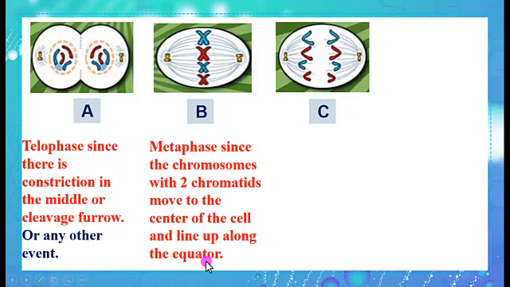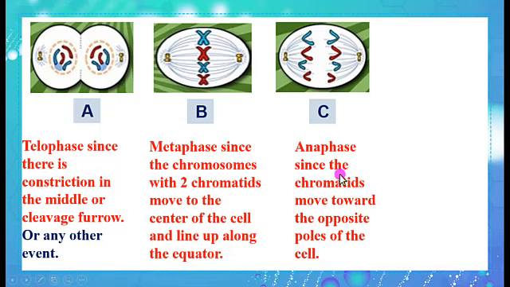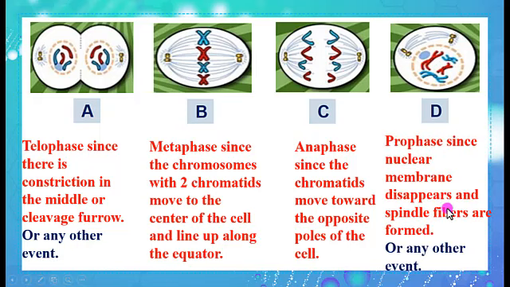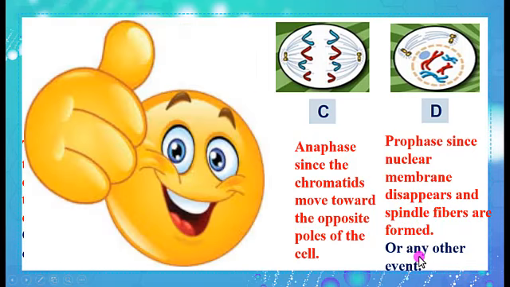What about figure C? Amazing, my dears, it's anaphase, since the chromatids move toward the opposite poles of the cell. Finally, figure D is prophase, since the nuclear membrane disappears and spindle fibers are formed, or you can give any other event from the prophase.